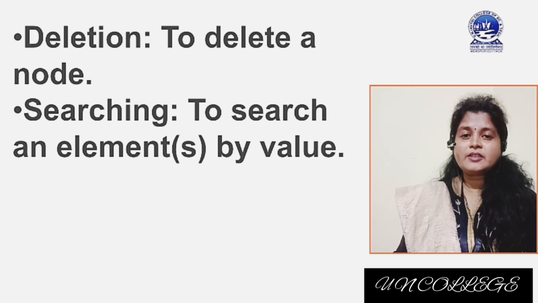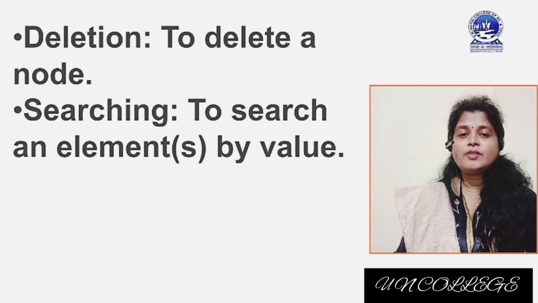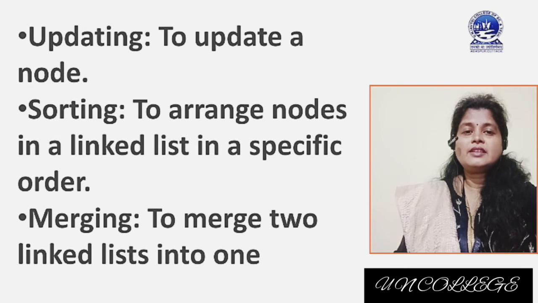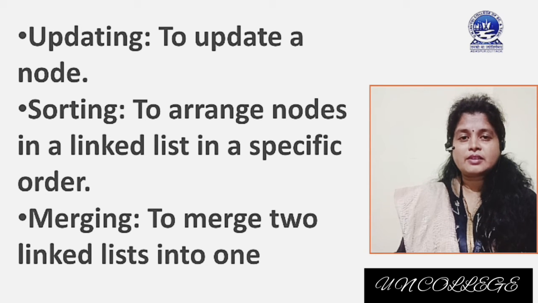The next basic operation is deletion. If you want to delete a node, first you have to search for the node which you want to delete, and then you perform the delete operation. Then searching: if you want to search for a node, the searching operation is performed. The next basic operation is updating. When you want to modify the data value of a particular node, the update operation is performed.